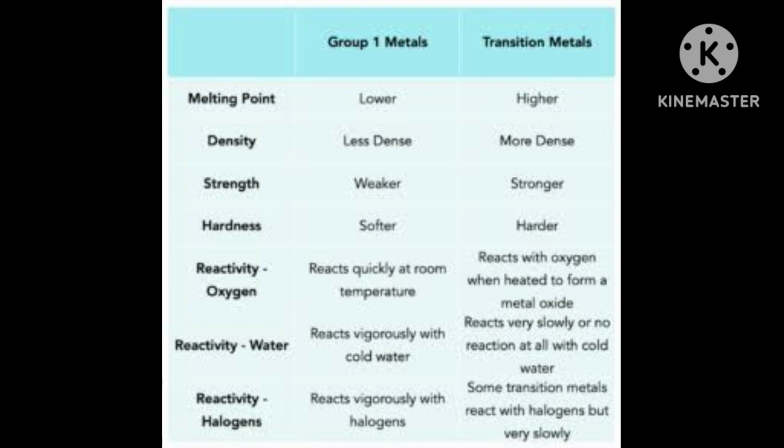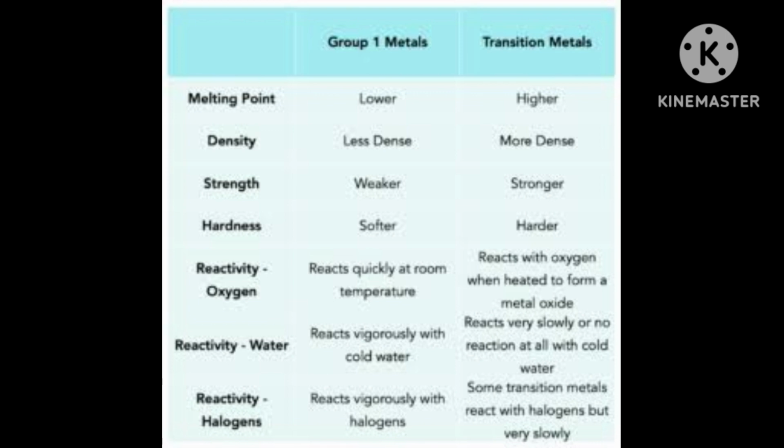Means 2Cr2 plus plus 2H plus gives 2Cr3 plus, means chromium lost one electron, plus H2, means 2H plus converted to H2 gas. Correct? Means H plus reduced to H2.